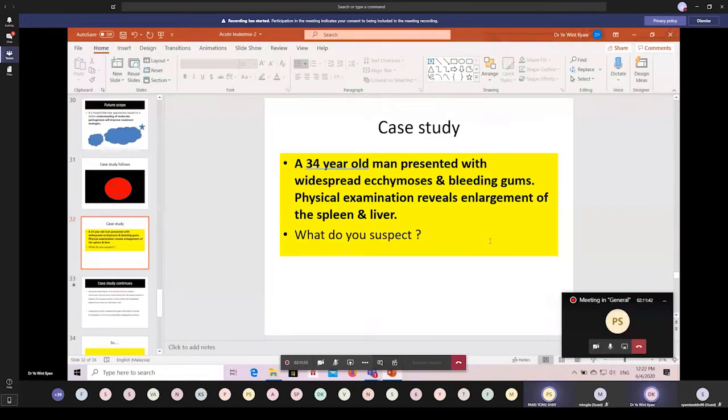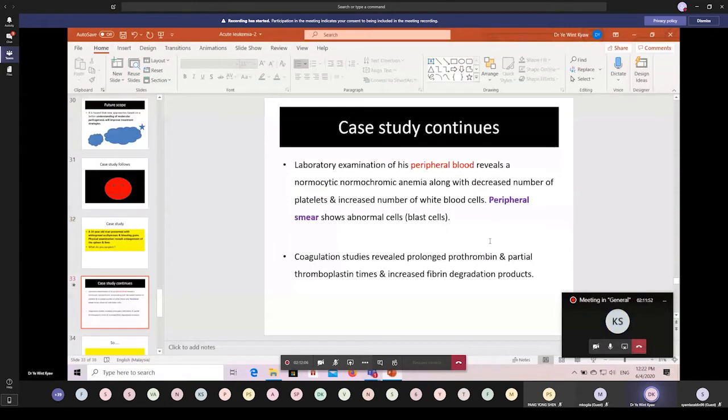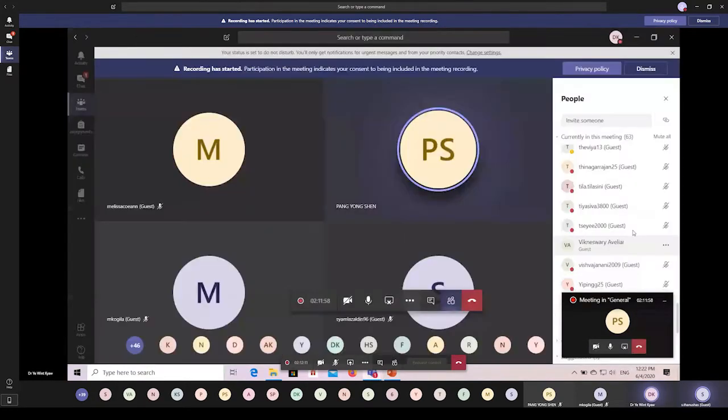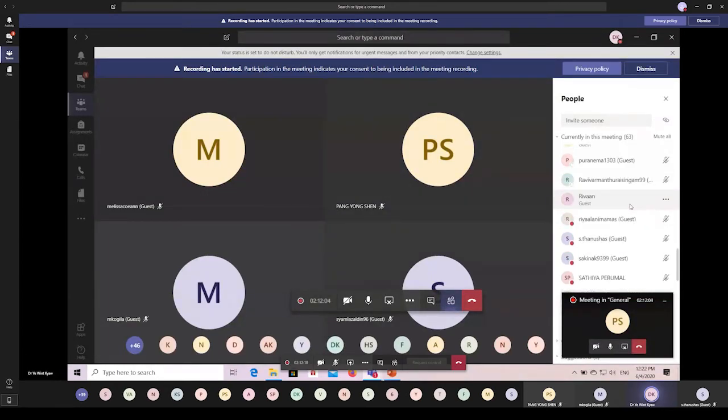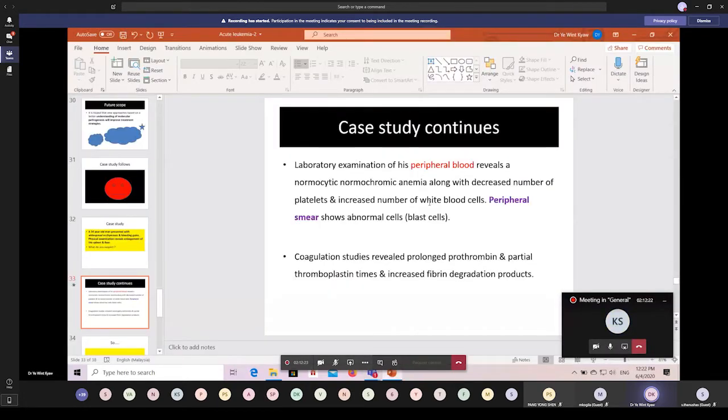So another person who wants to answer? But Tanusha is not here. Tanusha. I'm here, sir. Tanusha, please point out the points for diagnosis from these slides. Please tell me your points for diagnosis. A lot of points for diagnosis.